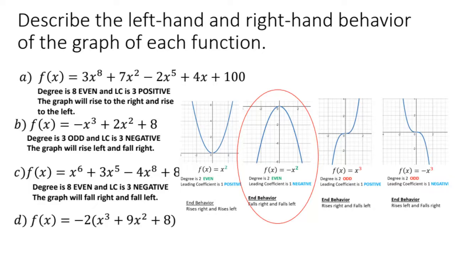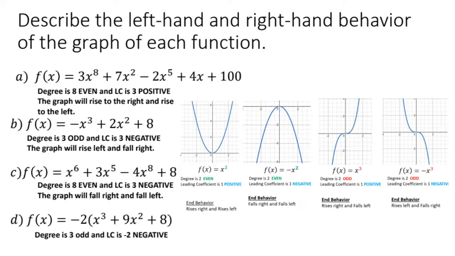So on this particular problem on D, since it's an odd function, it's going to rise on the left and fall on the right. Yes, it's going to be our last example. So I hope understanding the degree of the polynomial and knowing what the leading coefficient gives us a lot of information to describe the behavior and how the graph is going to look and appear. Okay. All right, let's move on.